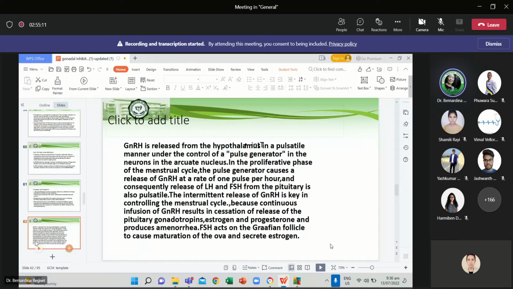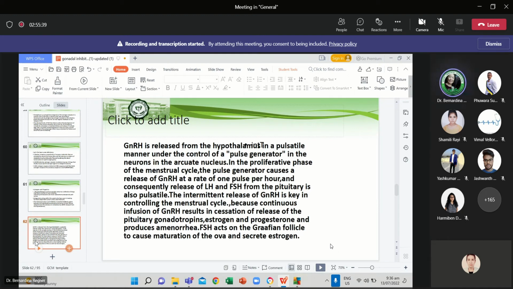Arcuate nucleus. Okay? In the proliferative phase of the menstrual cycle, the pulse generator will cause a release of GnRH at a rate of 1 pulse per hour. Okay, so please try to appreciate that. So how does a pulse generator act?